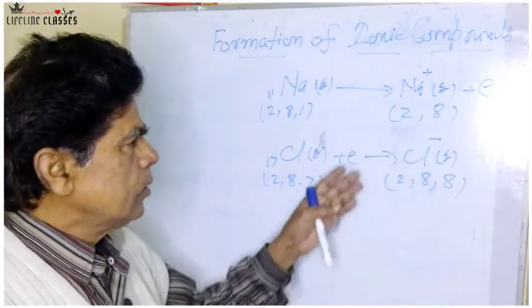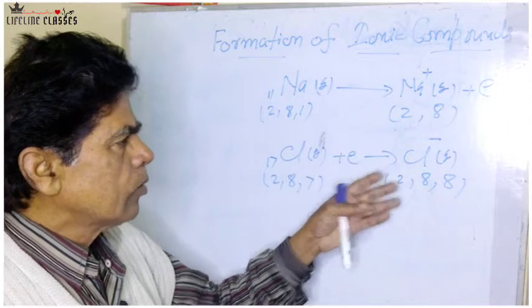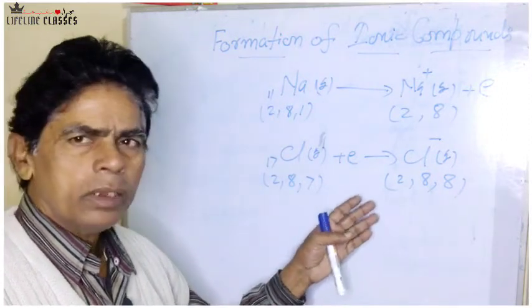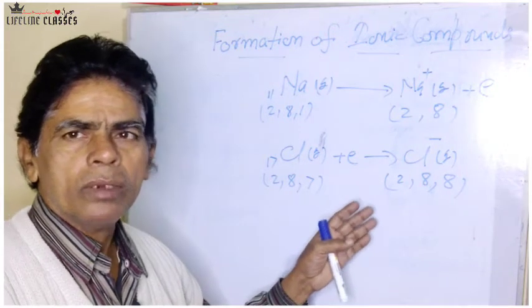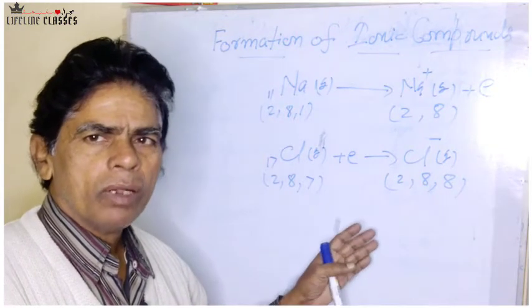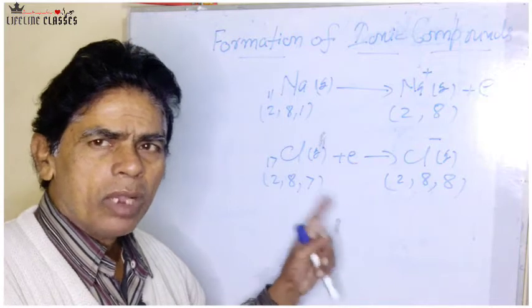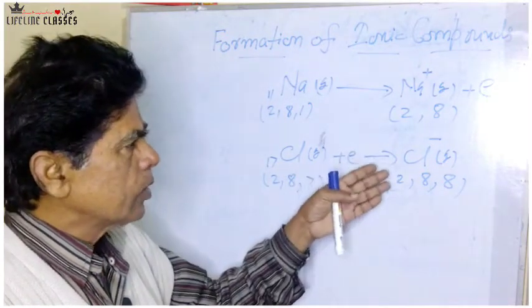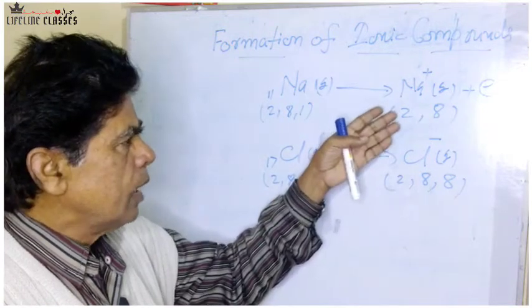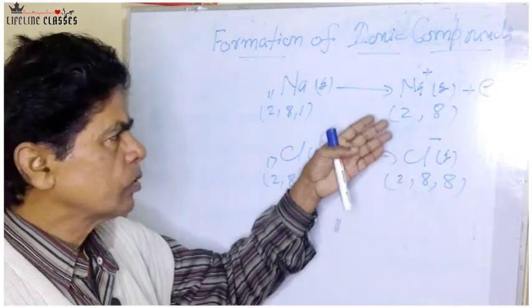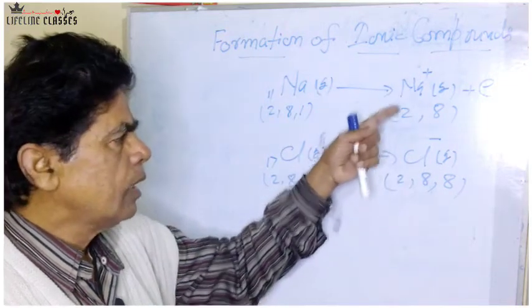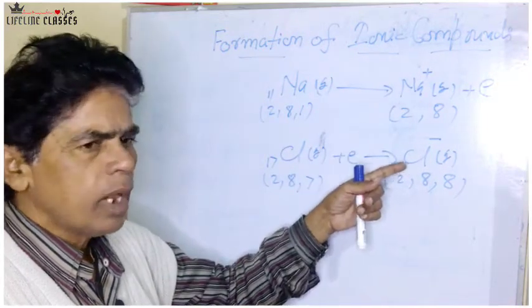In this way, the sodium ion and chloride ion acquire the inert gas electronic configuration and become chemically stable. But now these two ionic species, Na+ and Cl-, the sodium ion is the cation and the chloride ion is the anion.